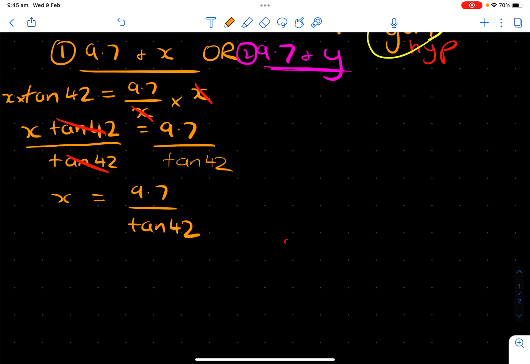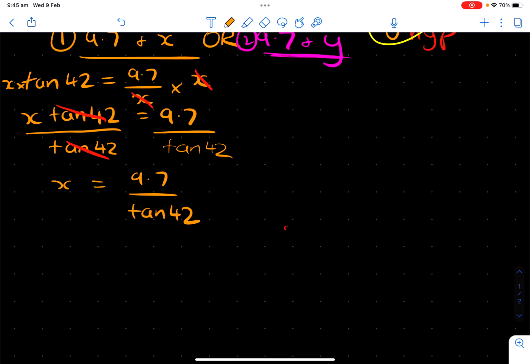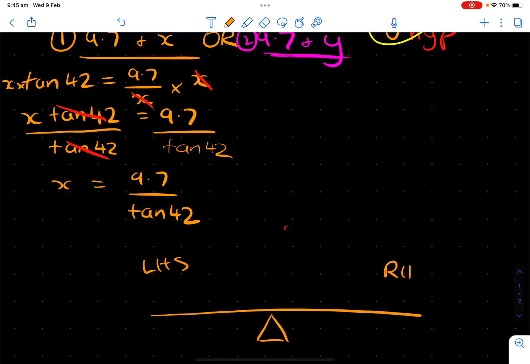I just want to quickly clarify that this is our inverse operation principle in action. So whatever you do to the left-hand side or the right-hand side, you must do to the opposite side. So if you multiply on this side by, in the previous case, x, you must multiply on the other side by x. If you divide on the right-hand side by tan 42, you must do it on the left-hand side.